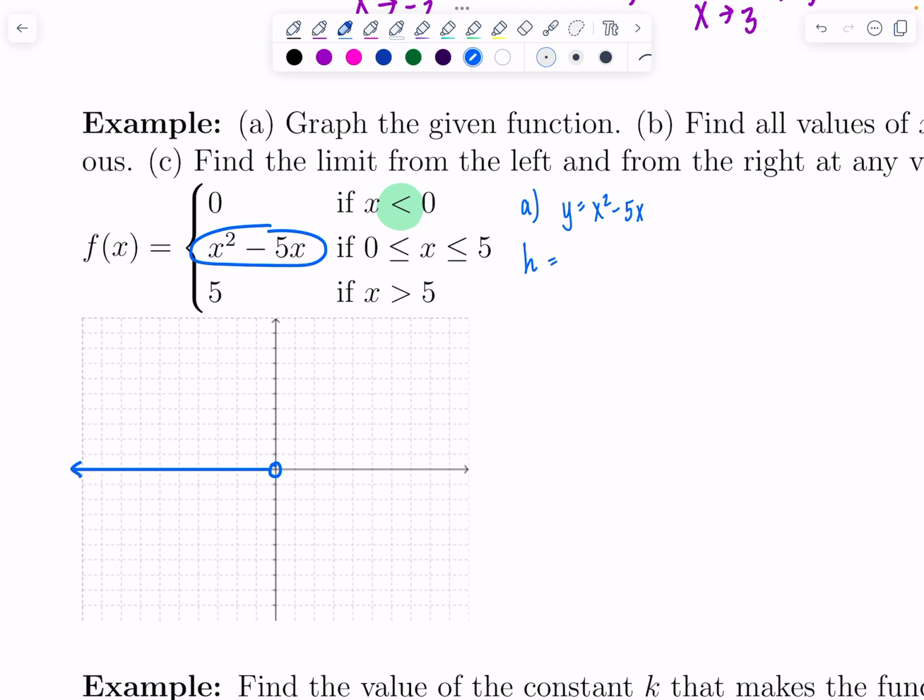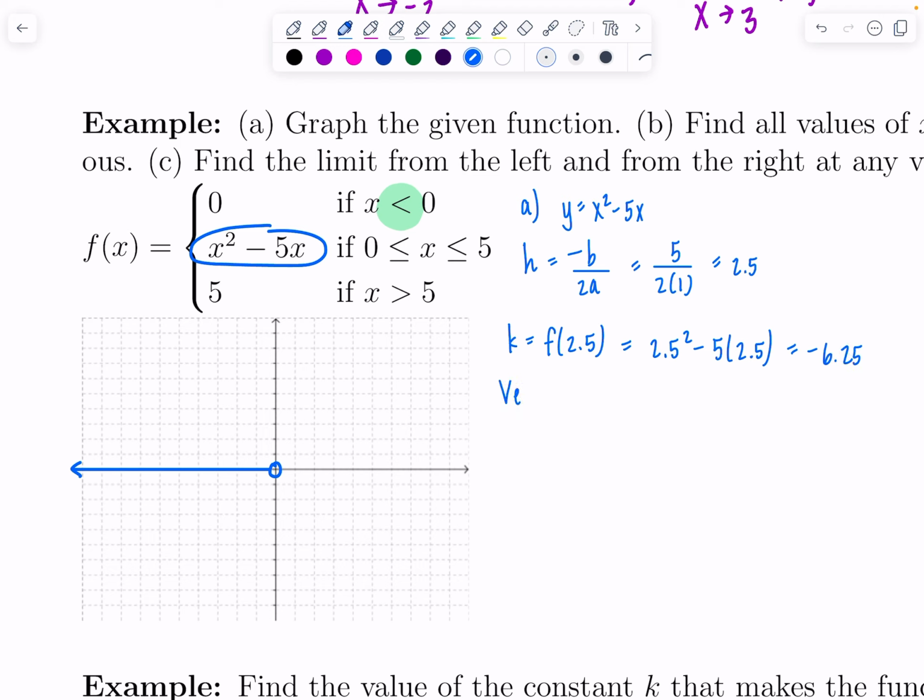Let's find the x coordinate of the vertex. So h is, remember, negative b over 2a. So negative negative 5 is positive 5 over 2 times 1. This is 2.5. And then the y coordinate of the vertex k is f of that x value, f of h. So that's going to be 2.5 squared minus 5 times 2.5, which is negative 6.25.